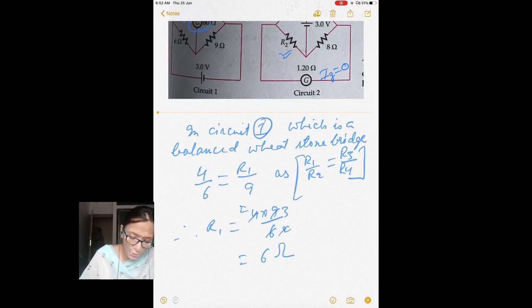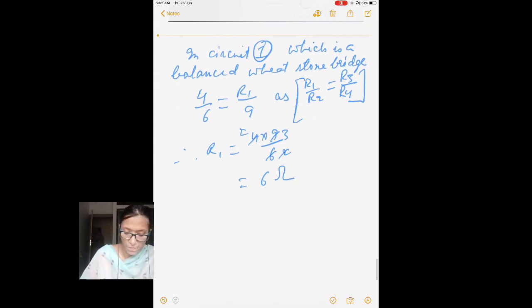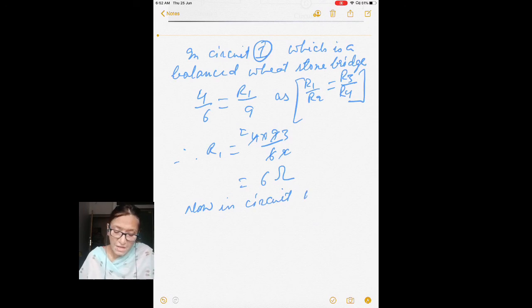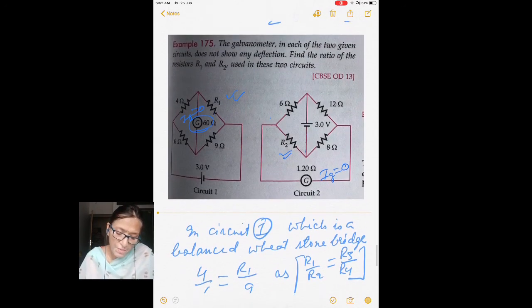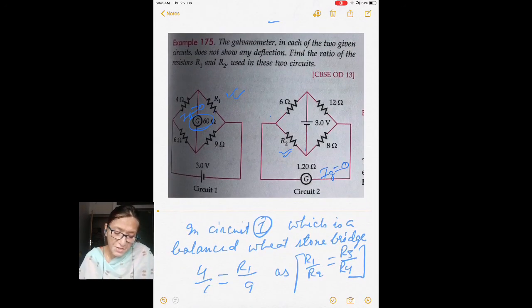Now in circuit 2, you can see it is also a case of balanced Wheatstone bridge, and R2 upon 8 must be equal to 6 upon 12.